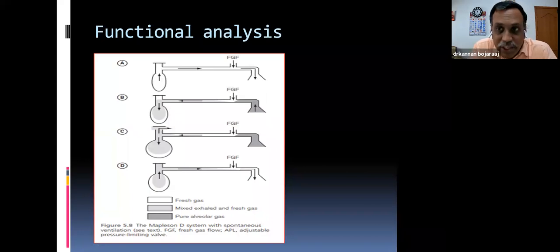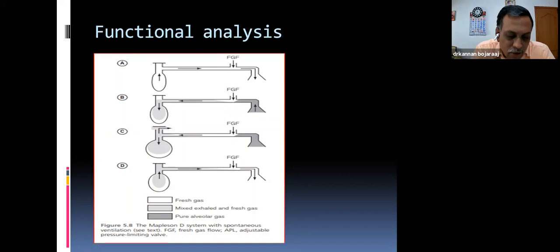But during expiration, what happens? The patient is expiring not on their own. The mixture of fresh gas flow and the expired gases are coming to this, eventually entering the now partially deflated reservoir bag, which is deflated in controlled ventilation.